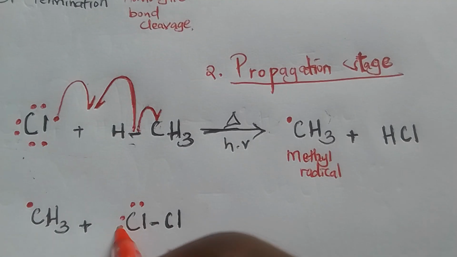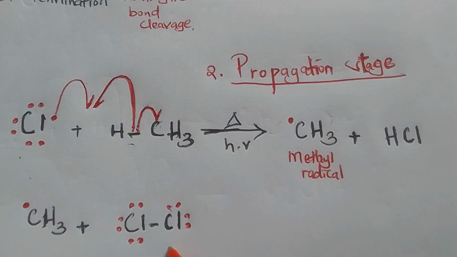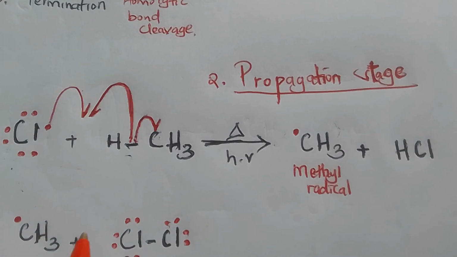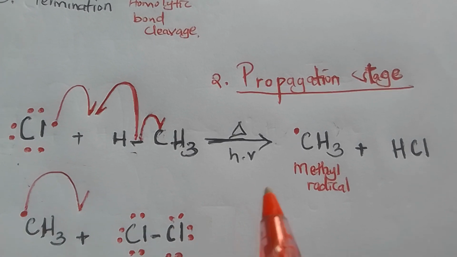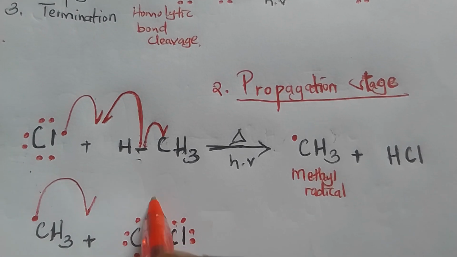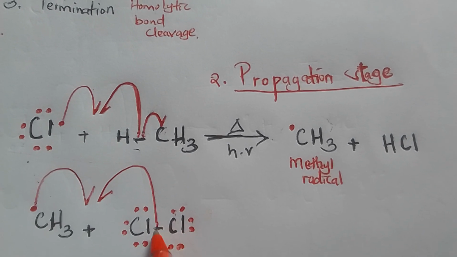Let me draw the Lewis structure of chlorine very fast. That is the Lewis structure of chlorine. So again this methyl radical reacts with the chlorine, and again there is a homolytic bond cleavage here.